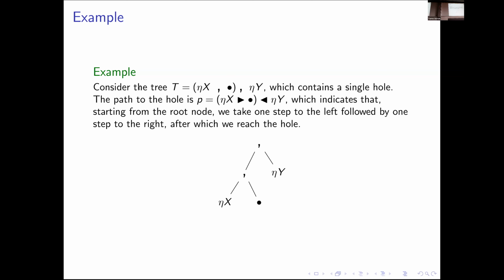The tree is written like this, and there is a hole in this tree, where the path to the hole is written like this, which we should read as follows: if we start from the root node, we go left for one step, and then go right for another step, where we will reach the hole.